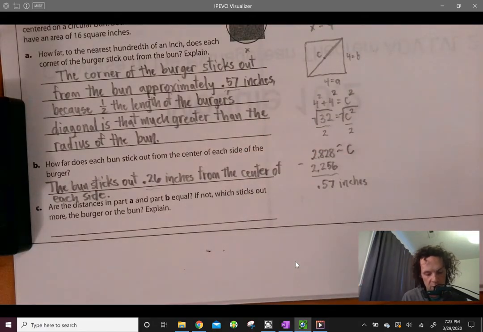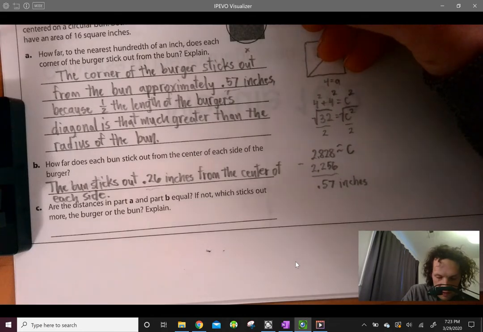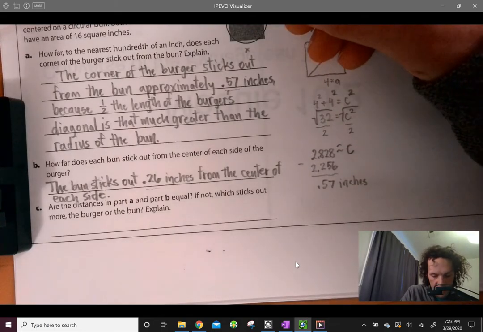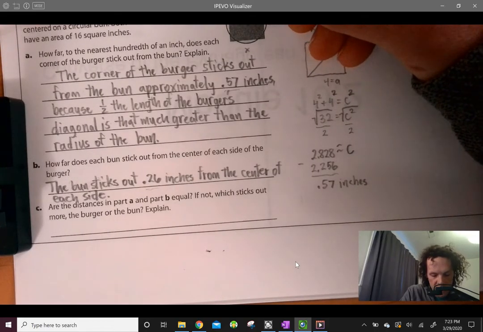So the burger sticks out 0.57 inches from the bun at its widest point, and the bun sticks out 0.26 inches from the center of each side.